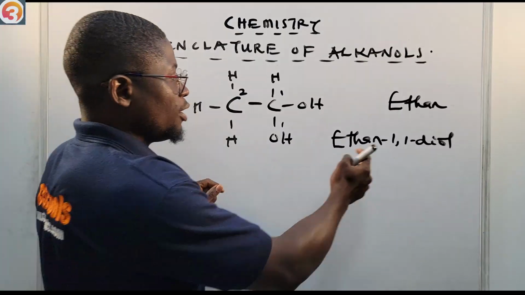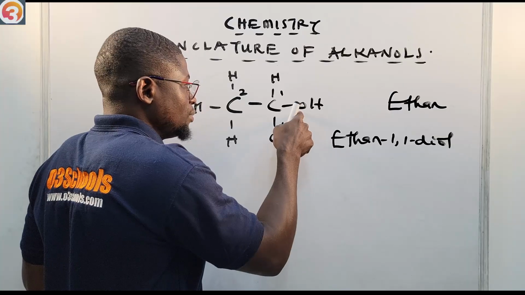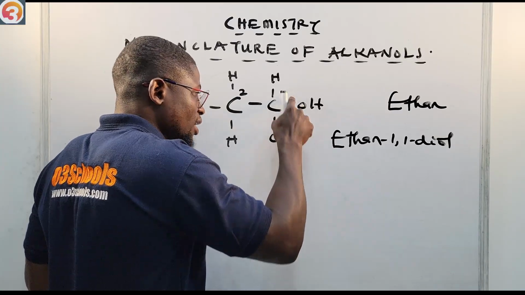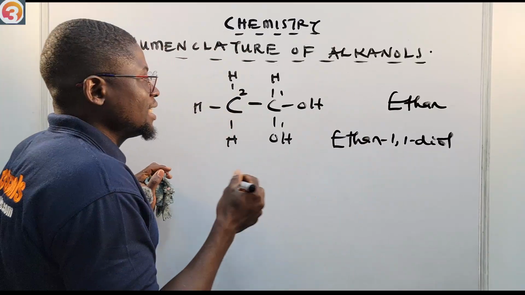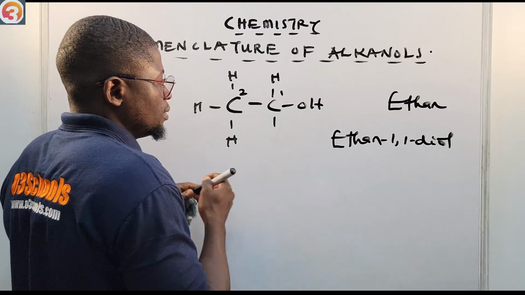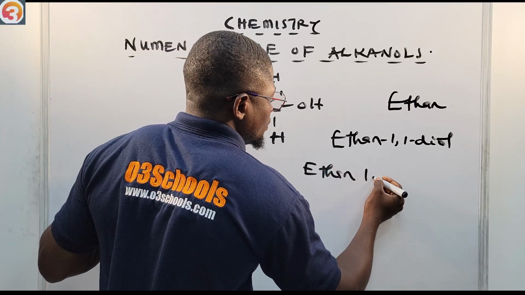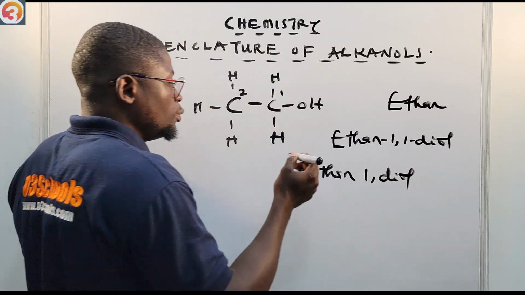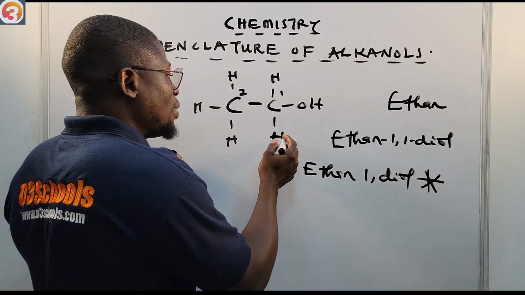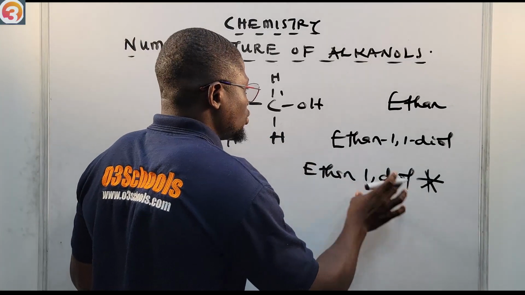The reason why I'm putting 1,1 is because the 2 OH groups are on the first carbon, on this side of the carbon and on this side of the carbon. Both are in position 1. So we cannot just say ethane-1-diol. Ethane-1-diol would mean only 1 OH group is in the structure, and that naming is very wrong because you cannot have diol and then only 1 OH group.